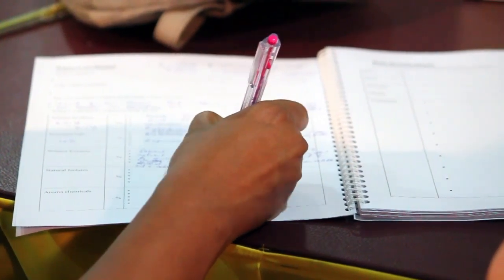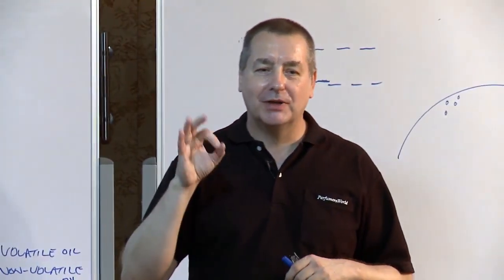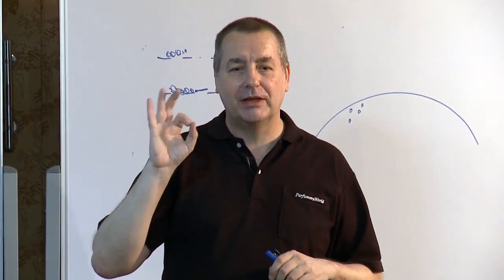Absolute. The alcohol is critical, that it's the purest possible alcohol that you can get. It should be 99.99% pure. But you use ethyl alcohol. Sorry? Ethyl alcohol, yeah. Only ethyl alcohol.